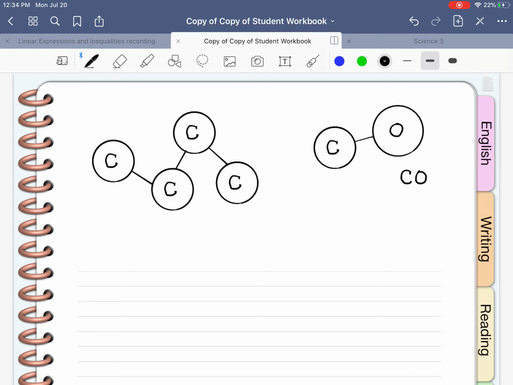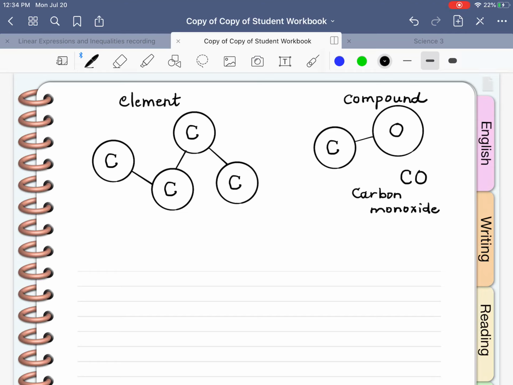So this particular compound, this is an element because it's pure. This is a compound called carbon monoxide. Mono means one, so monoxide means that there's only one atom of oxygen.